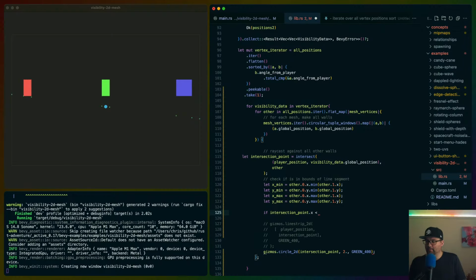So we could build a vec2 and do some fancier comparisons, but we'll do the equals, less than equals, greater than equals.